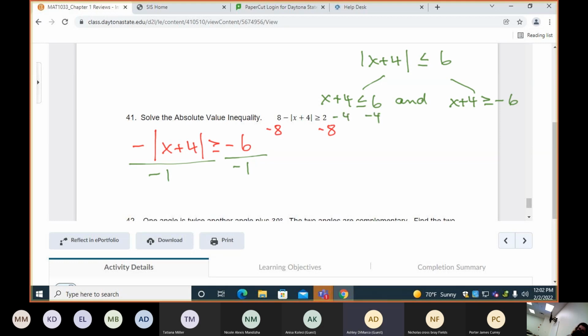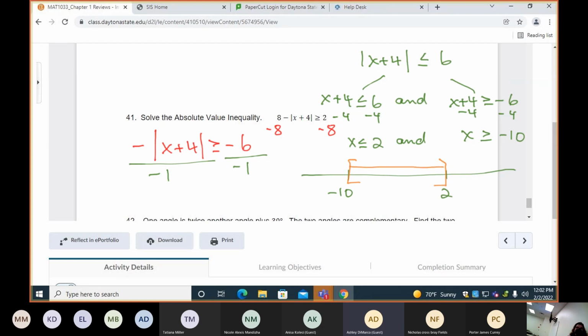Subtract 4, x is less than or equal to 2, and subtract 4 here, x is greater or equal to negative 10. So if you were to graph this, that means the solution is between -10 and 2, and they both have a bracket looking like so.